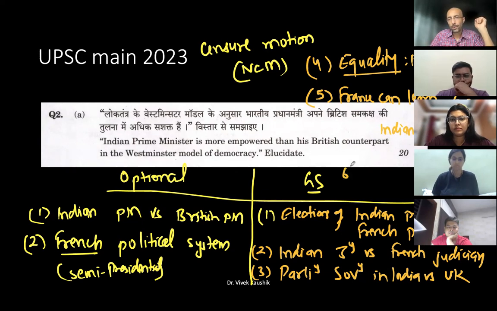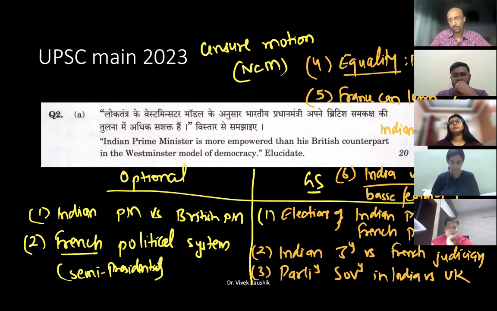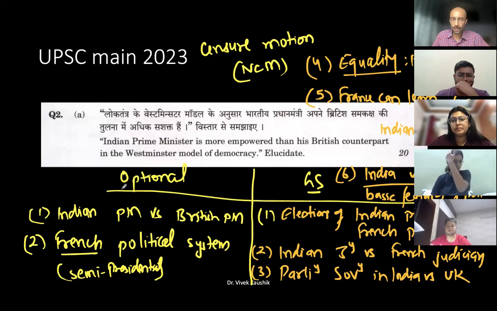And then the sixth question was comparison of India versus USA, basic features of the political system. So these are six questions which come to my mind right now, which UPSC has asked from this topic, right? So you can see that UPSC in optional and in GS is asking only from three countries so far, USA, France, and Britain, right?